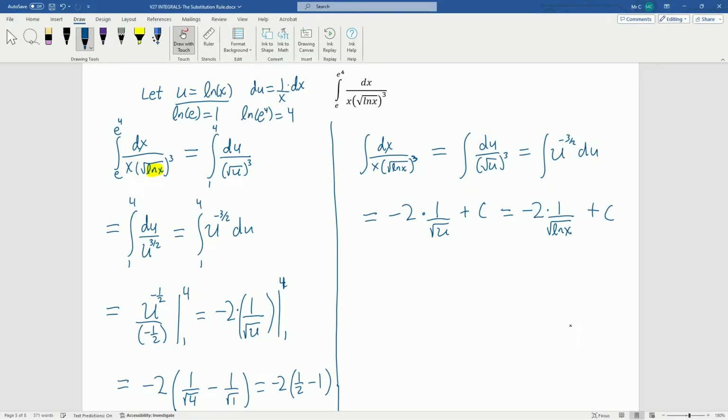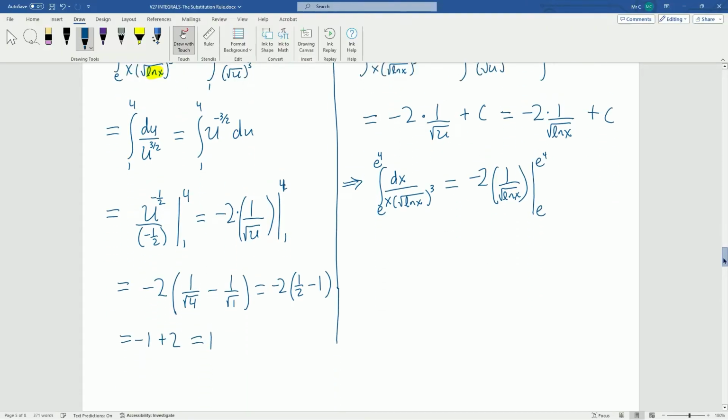So now that I know the antiderivative for this function, when I go to evaluate my definite integral, I've already done all of that part. And since I've switched back to my original variable, I can use my original variable's bounds. So here we get -2 times 1 over the square root of ln of x, evaluated from e to e to the 4th power.